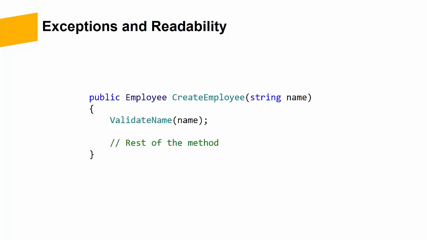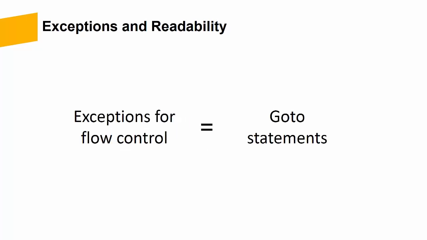In order to know this, you need to look at every place in your code base that uses that method. You cannot know for sure without that whether it's a bug or not. And that's a common problem with exceptions used to control the program flow. And that's why they are often equated with go-to statements, because just like go-to statements, exceptions allow you to quickly jump from any line of code to the catch statement of the try-catch statement.